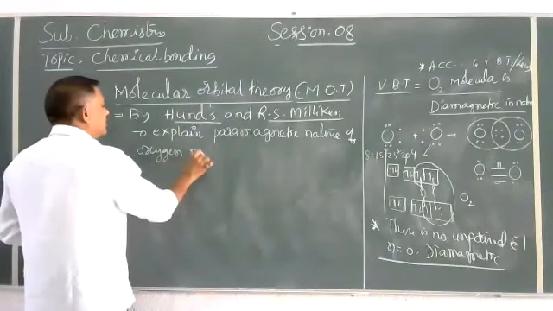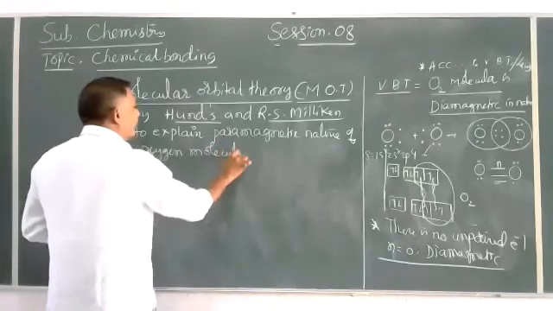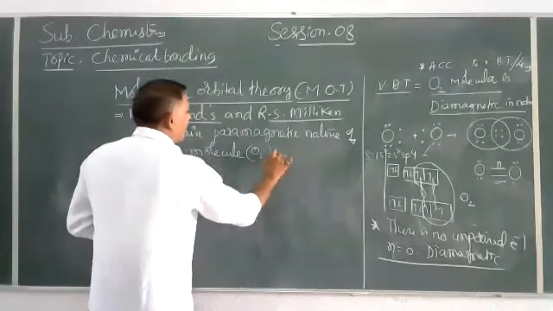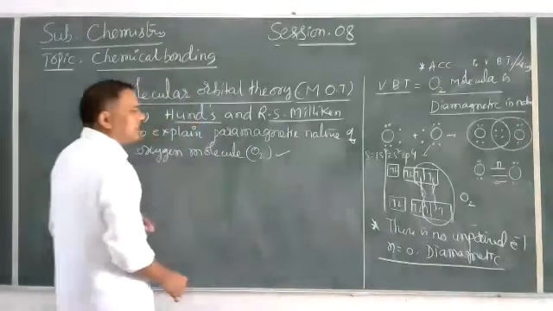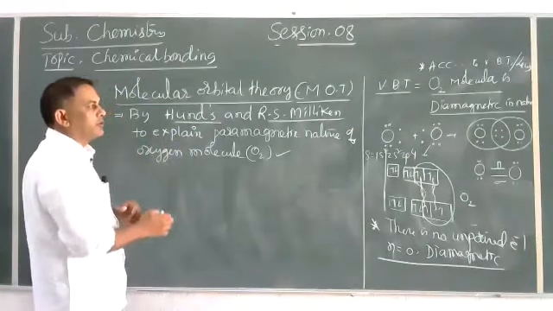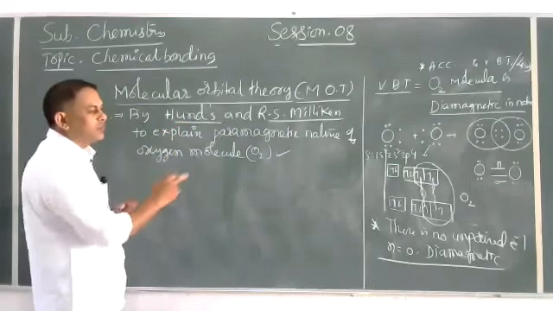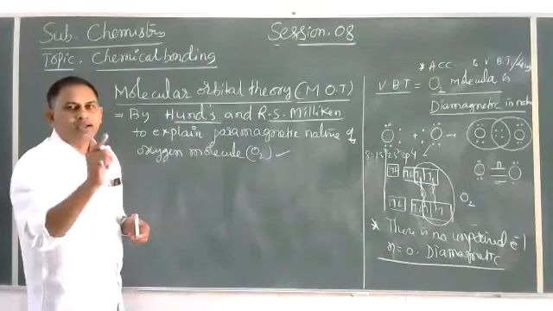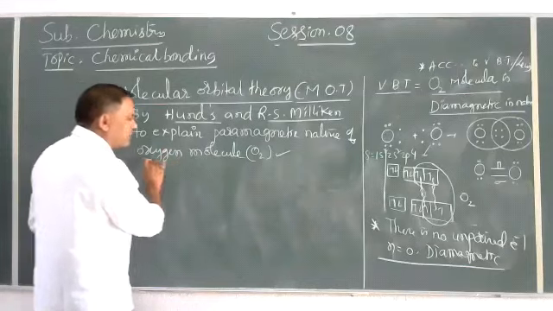According to VBT your oxygen molecule is diamagnetic, but it was experimentally proved by molecular orbital theory that the oxygen molecule is not diamagnetic; it is paramagnetic in nature.